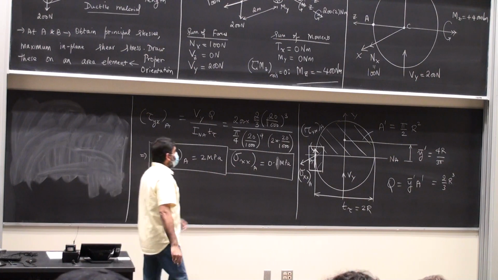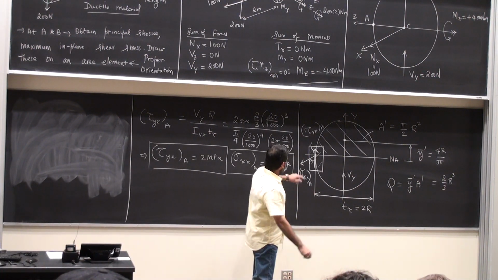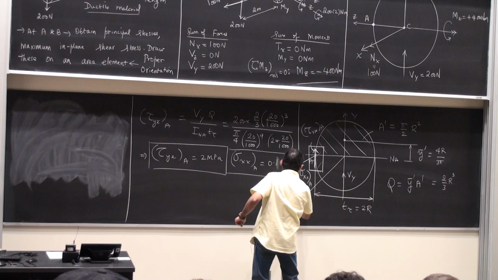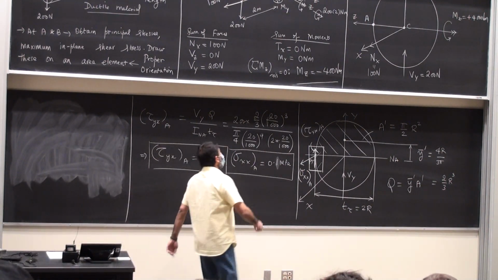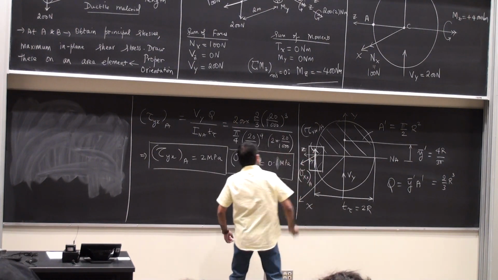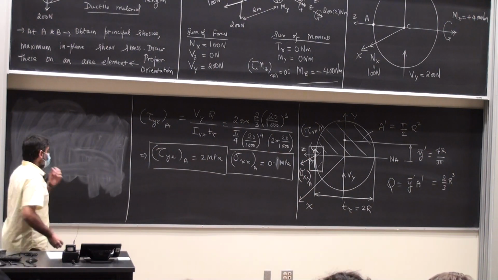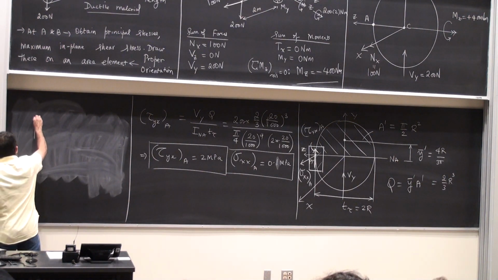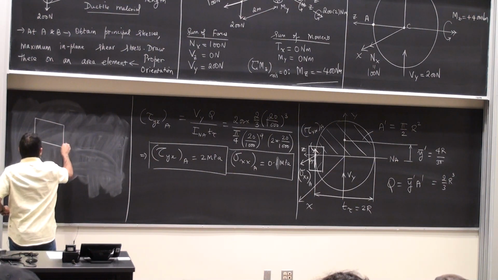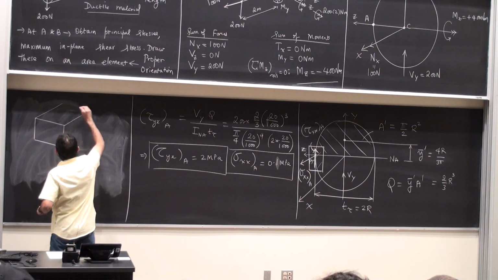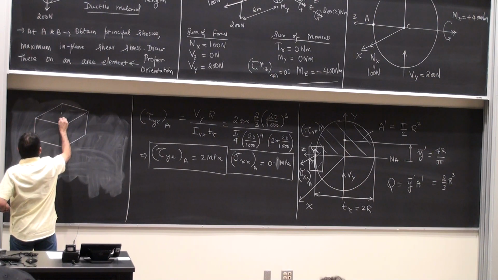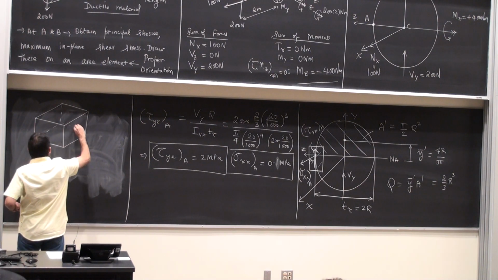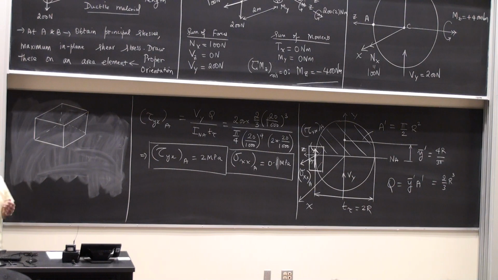Remember your axes. This is the x-axis coming out. Okay, the z-axis is pointing to my left, as you can see from the figure up there. So my volume element now. Before I draw the state of stress on the volume element, I first set up my axis.